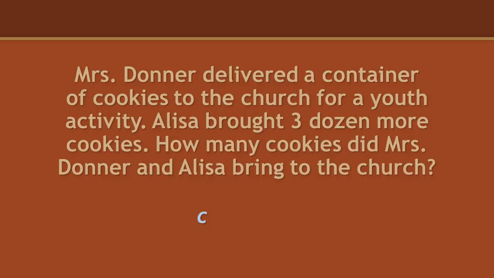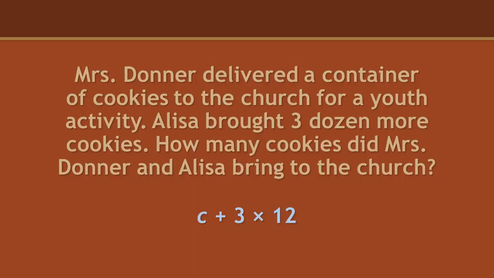Now we know that she brought this container of cookies, and after she brought that container of cookies, Elisa brought 3 dozen more cookies. So we're going to add to Mrs. Donner's cookies 3 dozen more cookies that Elisa brought. And so that would be 3 times 12, because a dozen equals 12, and she brought 3 dozen.